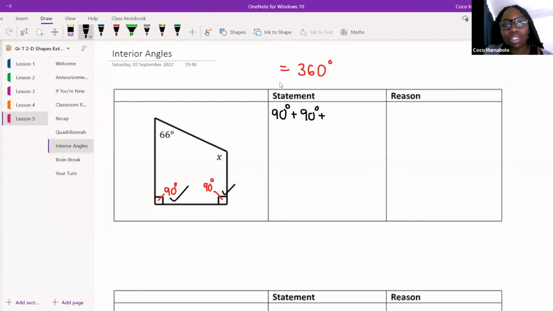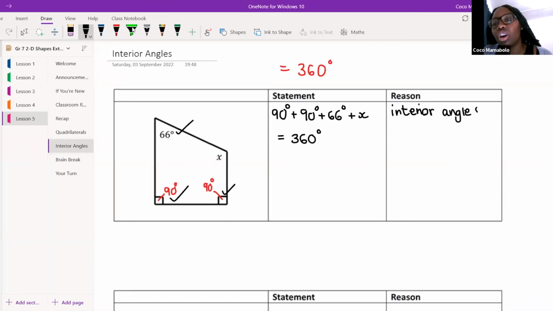Plus 66 degrees, plus x, and all of this needs to equal 360 degrees. Okay, and my reason for this is the interior angles of a quadrilateral.